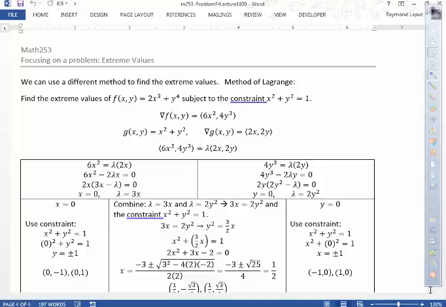Yeah. So you could say then that the minimum is greater than or equal to 0.